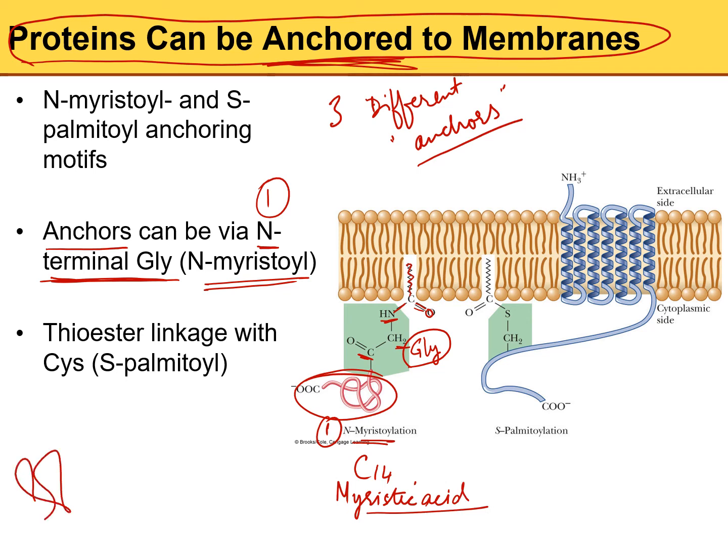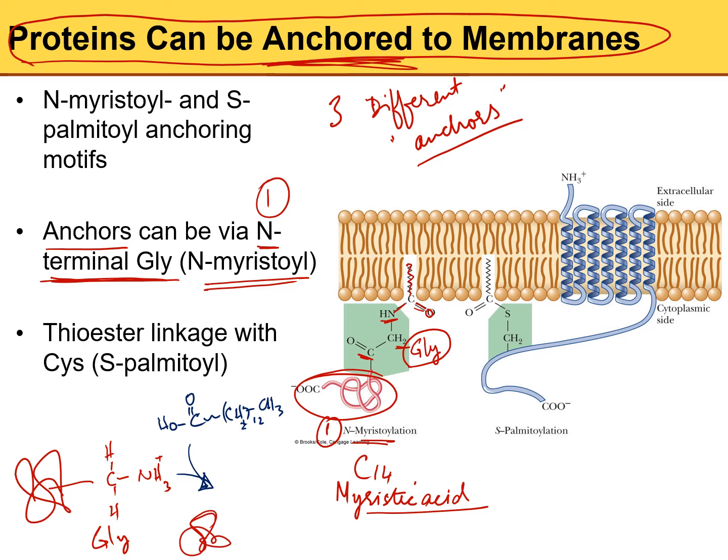So this is the protein, and the amino group of the glycine reacts with the C14, CH2 twelve times and then CH3. You get this protein with CH2 and NH, and then water is eliminated.